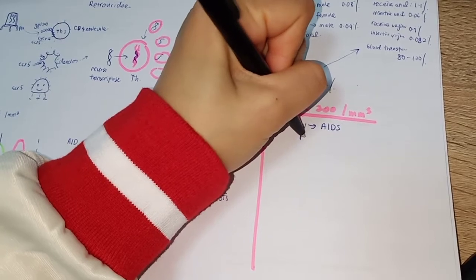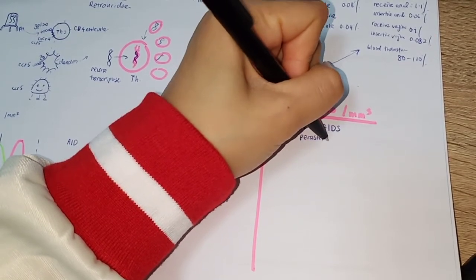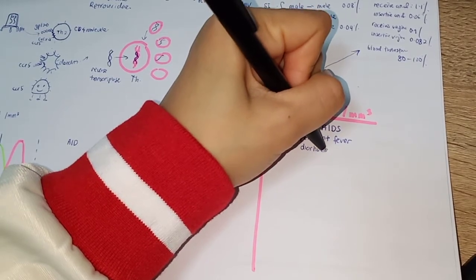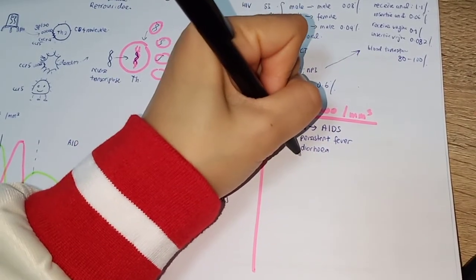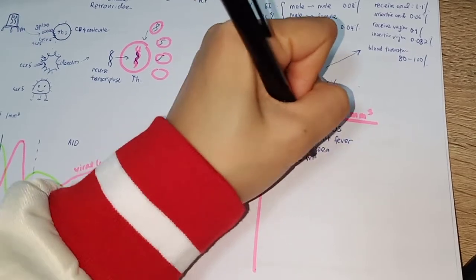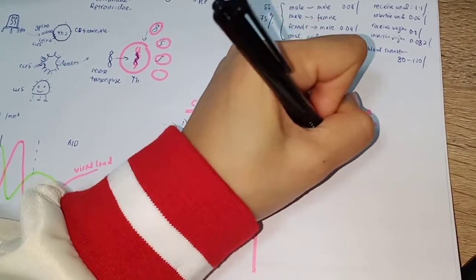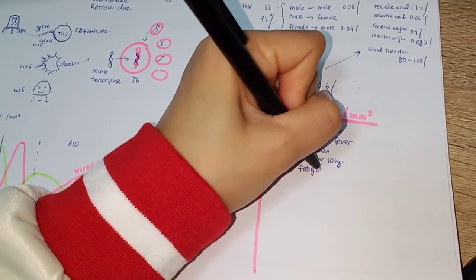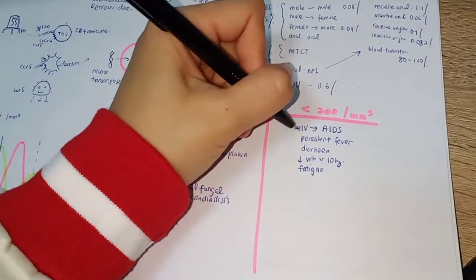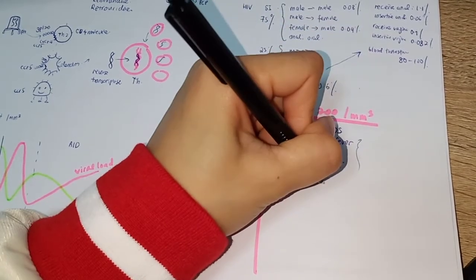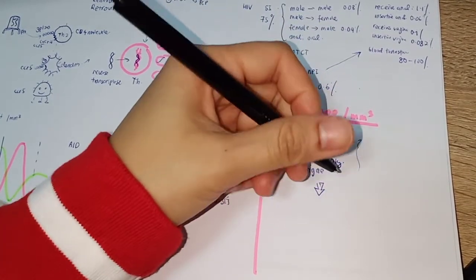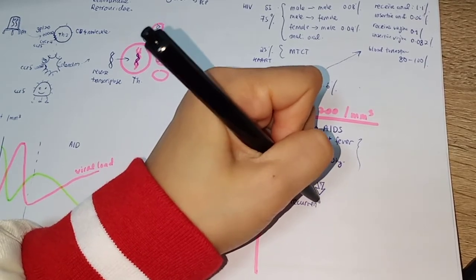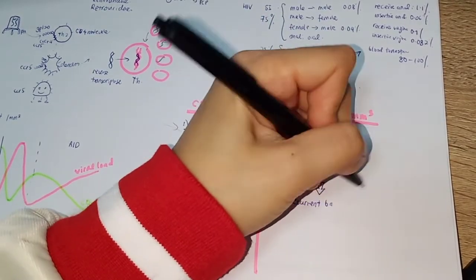The patient will start to have a persistent fever, diarrhea, loss of weight, sometimes more than 10 kg, and fatigue. It is a very non-specific presentation, but it is due to recurrent bacterial pneumonia.